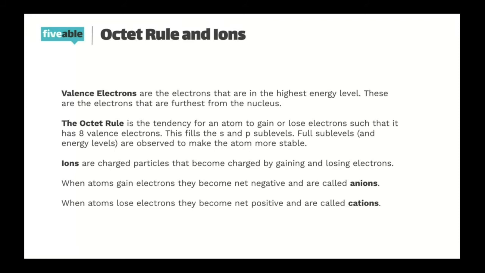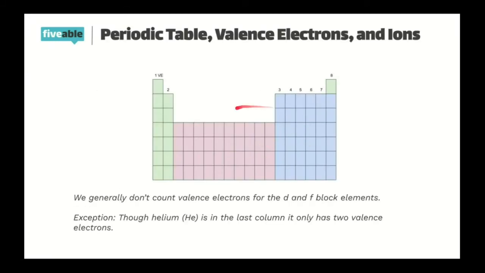Negatively charged ions are called anions, and they become negatively charged by gaining electrons. Positively charged ions are due to the fact that they lose electrons. So metals tend to be cations, non-metals tend to be anions.